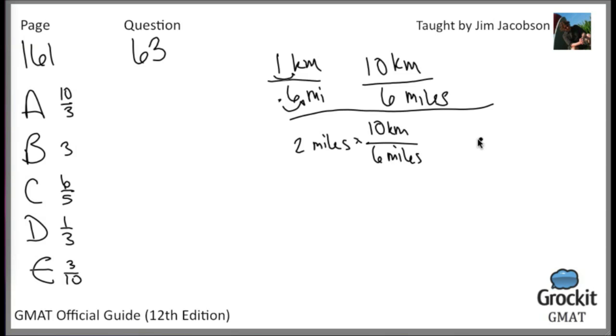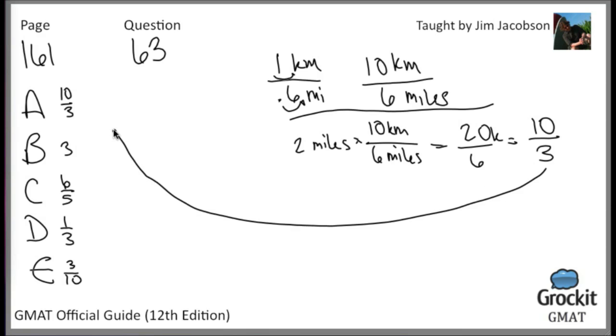The miles cancel out. We end up with 2 times 10 is 20 over 6. And then we can simplify the fraction. It equals 10/3, or 10/3 of a kilometer in 2 miles.